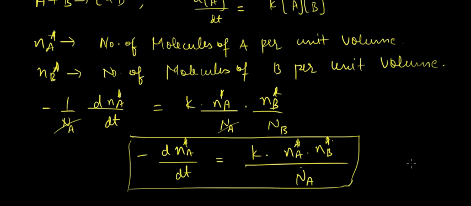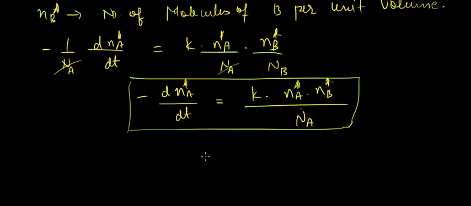Now we know that U average would be equal to under root of 8RT upon M. We have seen this in our previous set of video lectures on physical chemistry, specifically in the chapter of KTG or kinetic theory of gases.